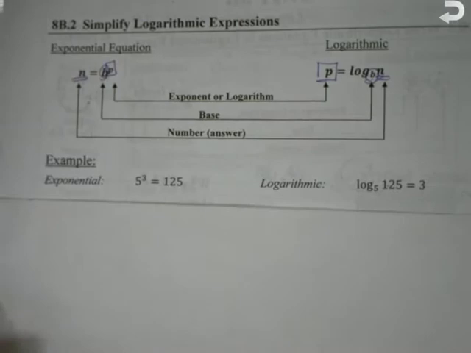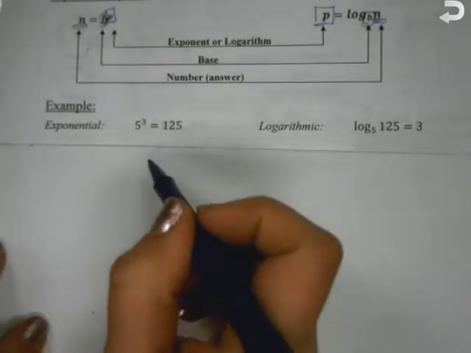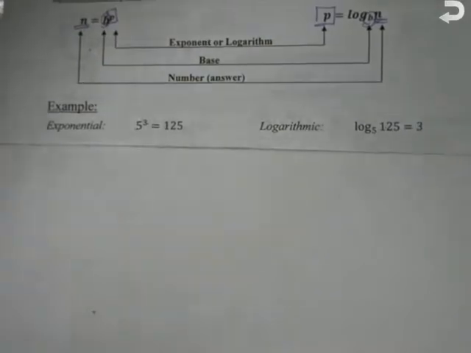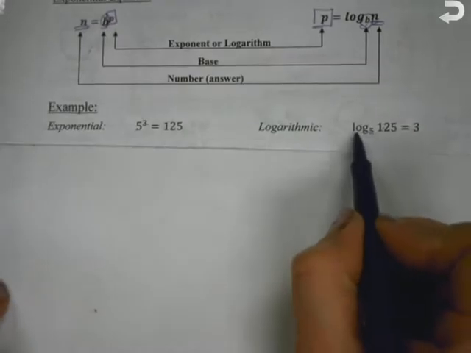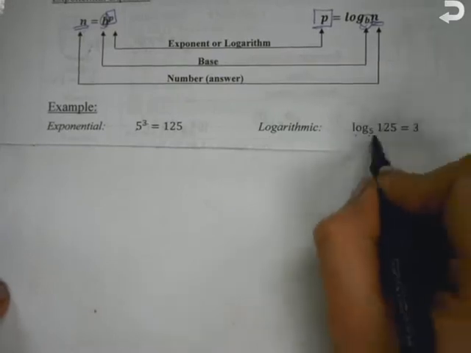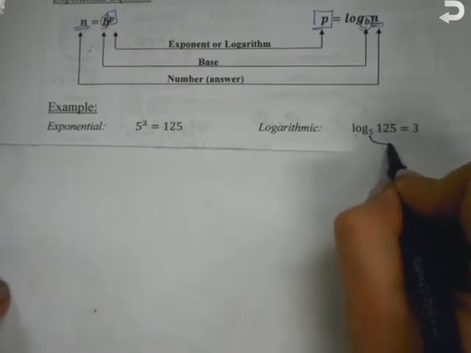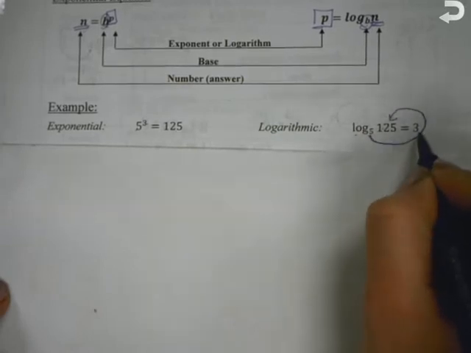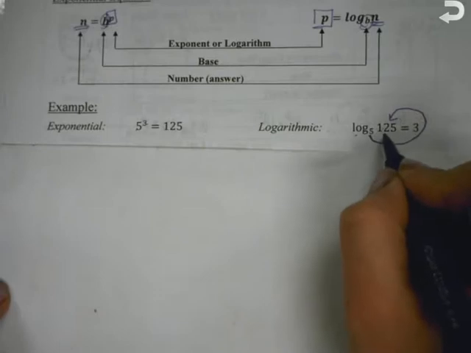And remember, if we have something like 5 to the third power equals 125, we could rewrite that as log base 5 of 125 equals 3. And if we're going from log to exponent, remember, we start at the base, we go around, raise it to the exponent, and it's equal to where we end up.